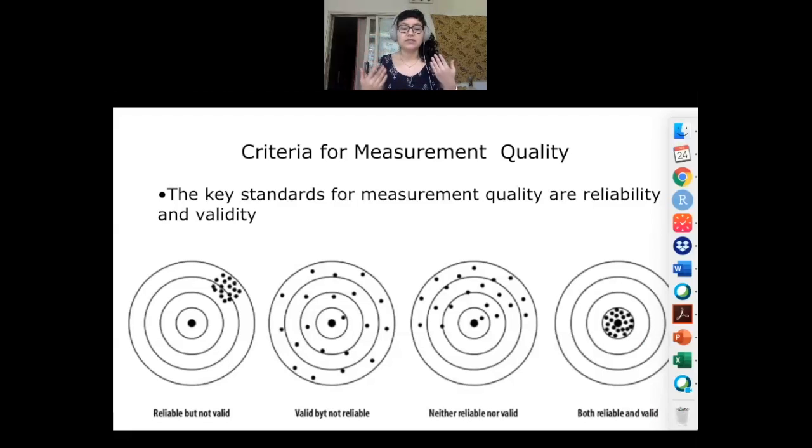And so if you have something that's reliable but not valid, then that's inaccurate observation. It's consistent, it's reliable, but it's inaccurate to what actually is the true measurement.